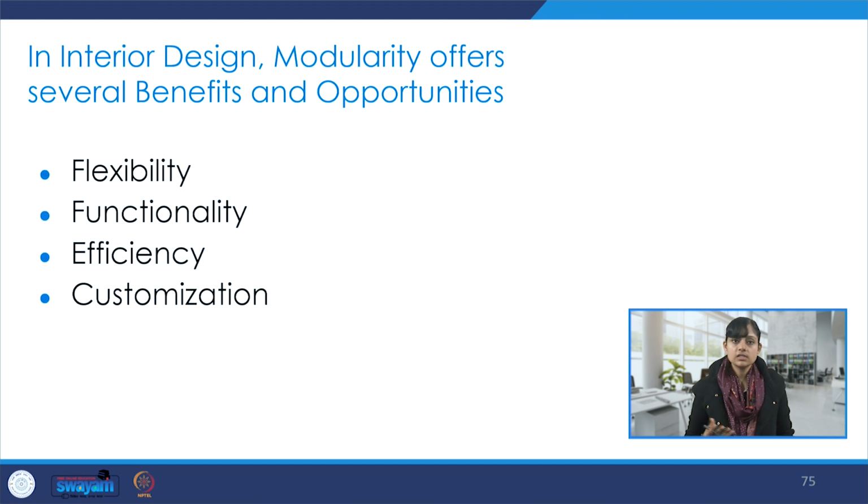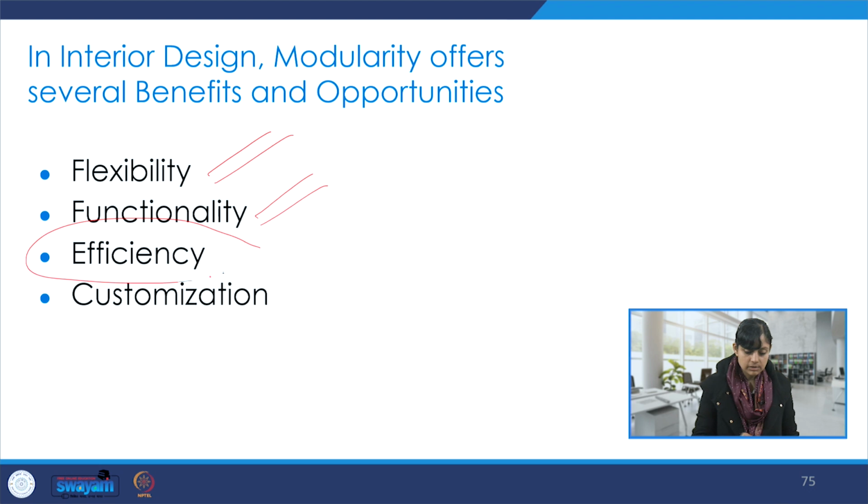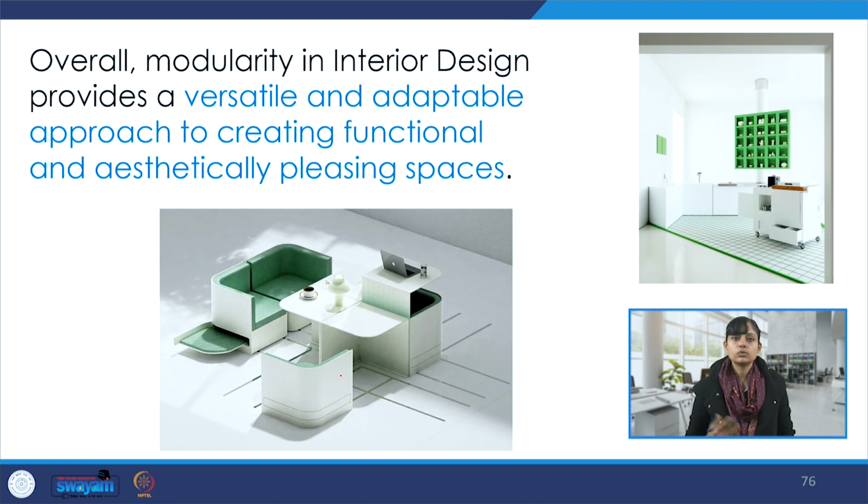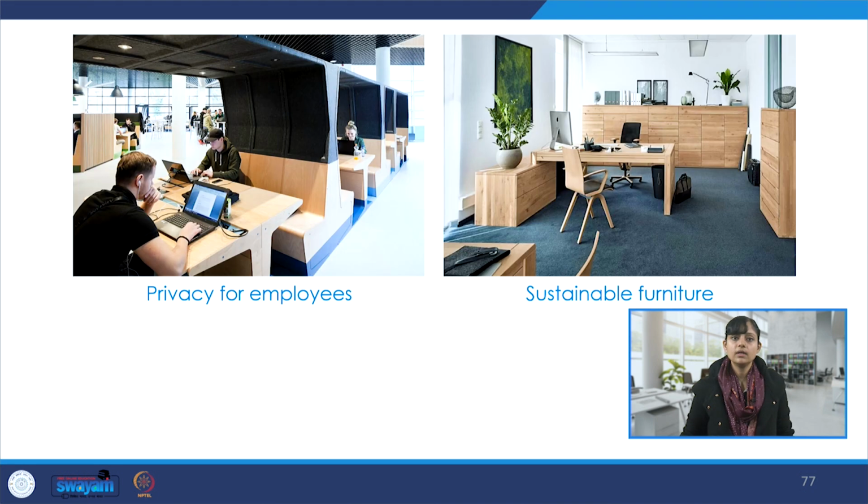And then we discuss the benefits and opportunities that modularity offers when we talk about interior design. And of course, the flexibility it offers, functionality it ensures, the efficiency it brings along, and the possibilities of customization it opens up. So, the importance of modularity with some images and examples is what we saw in detail.